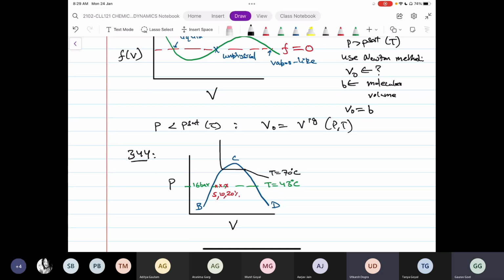All right. And now in each of these cases, the process that has happened is constant volume heating.